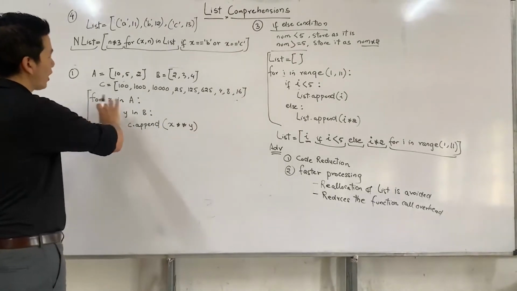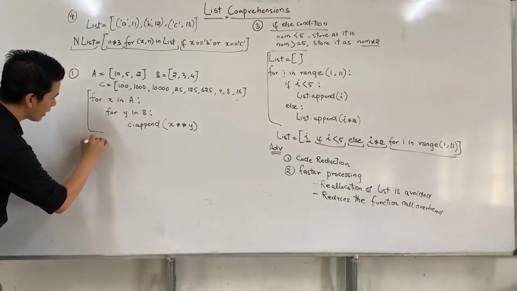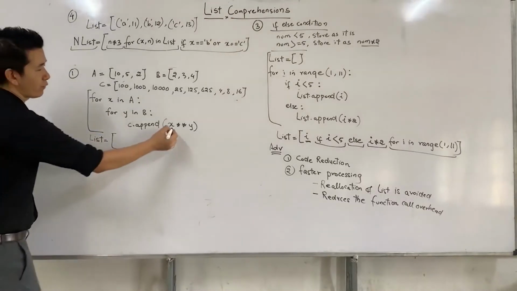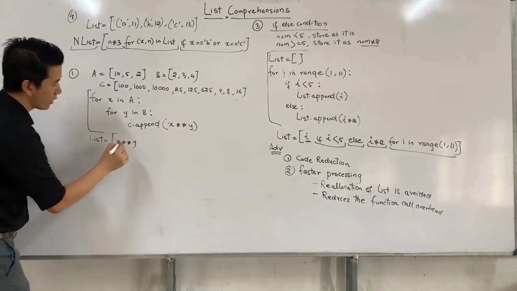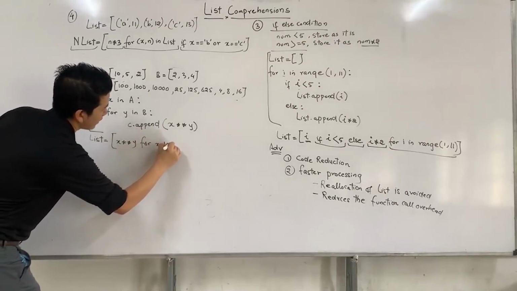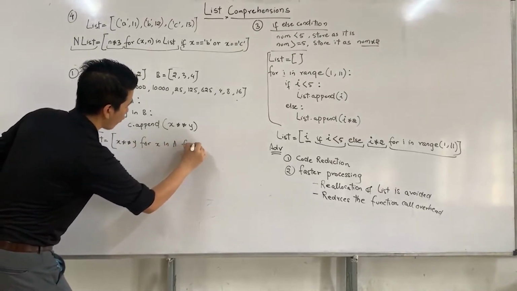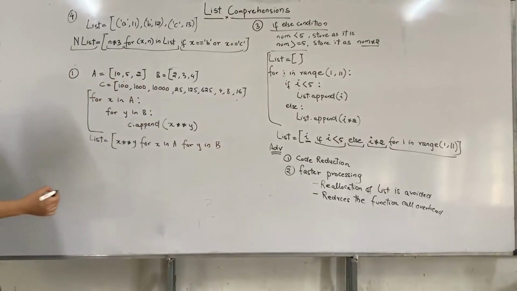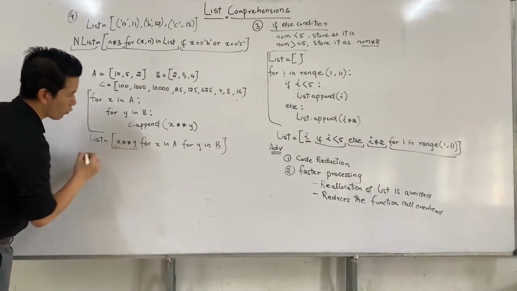But this is not the task. I need to have this converted into a list comprehension. So the list is equal to the expression x exponent y, and then you have for x in A, and then for y in B. Again, this is the expression for creating the list.